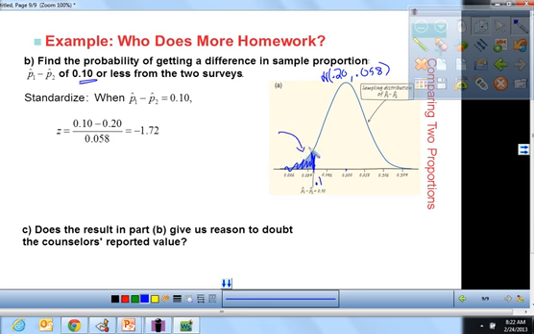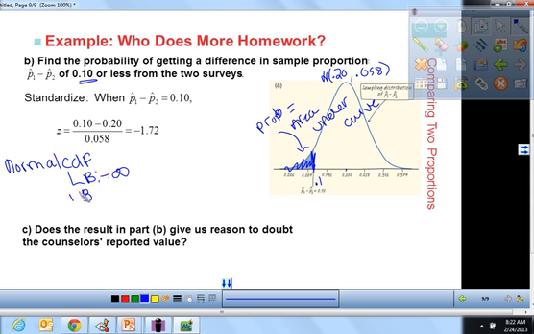Well, probability equals area under the curve. And if we're on a normal curve, you can convert to a z-score, or we can do our normal CDF with a lower bound of negative infinity, an upper bound of 0.1, because that's where we want it to stop, with a mean of 0.2 and a standard deviation of 0.058.